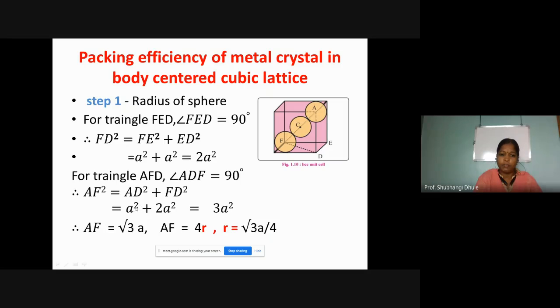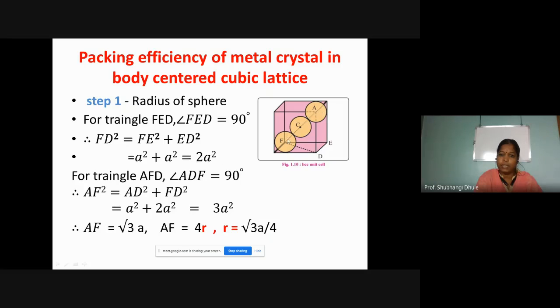So we get a square plus 2a square, putting the value of FD square from the first step, which is 2a square. So a square plus 2a square is 3a square, and AF is under root 3 a.